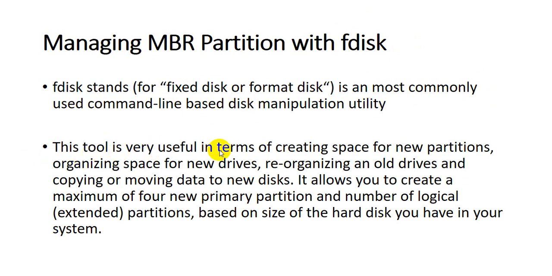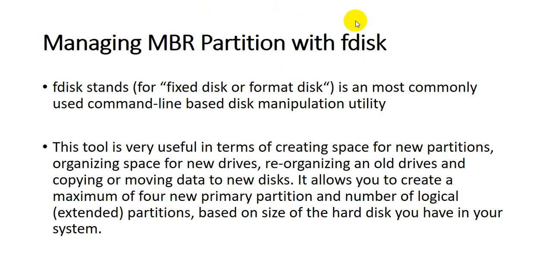This tool is very useful for creating space for new partitions, organizing space for new drives, recognizing old drives, and copying and moving data to a new disk. If you talk about MBR partitions, it allows you to create a maximum of 4 primary partitions and a number of logical extended partitions, based on the size of the hard disks in your system. So fdisk is a very useful command to create a partition and delete a partition.